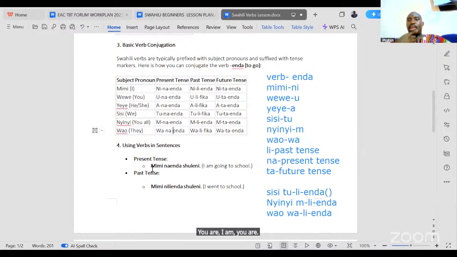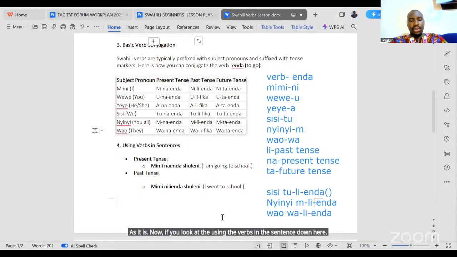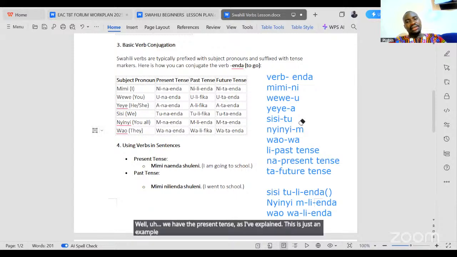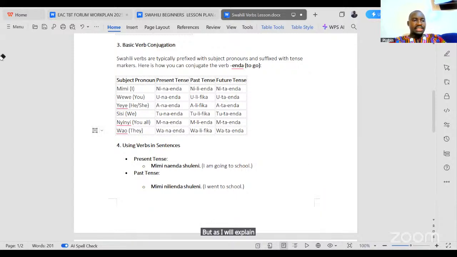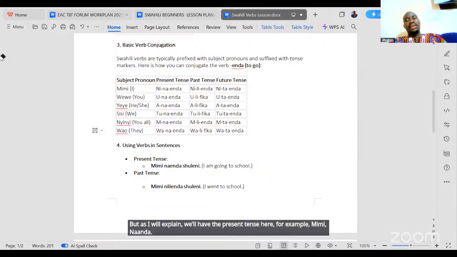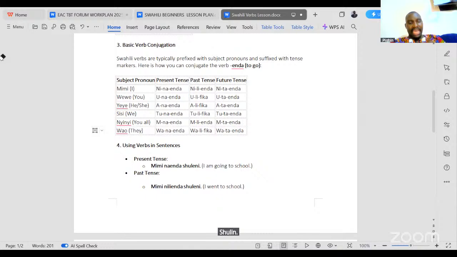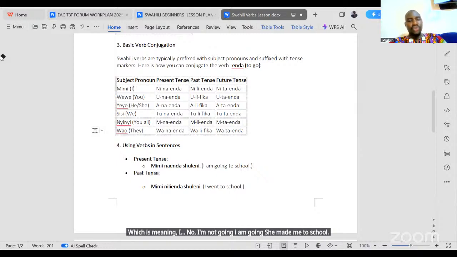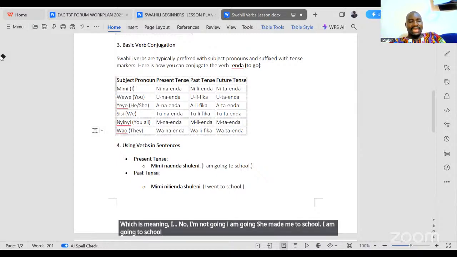That's how it is. Now, if you look at the verbs used in the sentence down here, we have the present tense, as I've explained. For example, mimi naenda shuleni. Me, which is mimi, I, naenda, going, shuleni, to school. I am going to school. Mimi naenda shuleni.